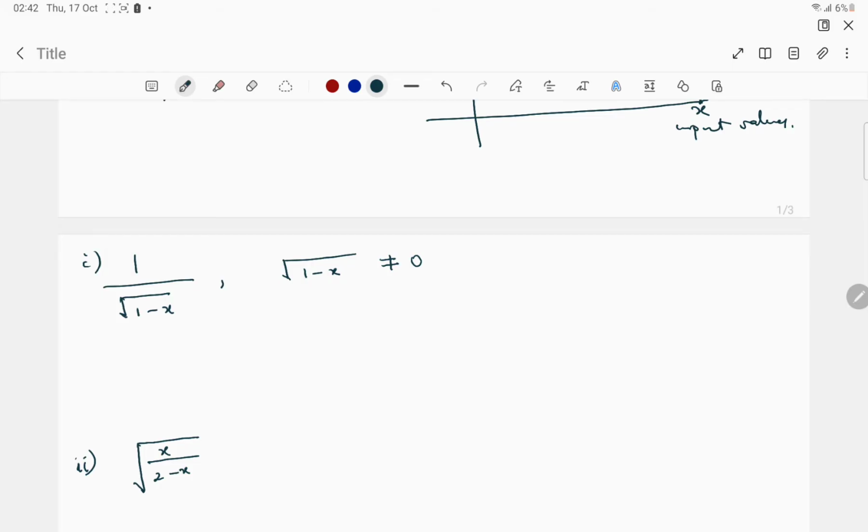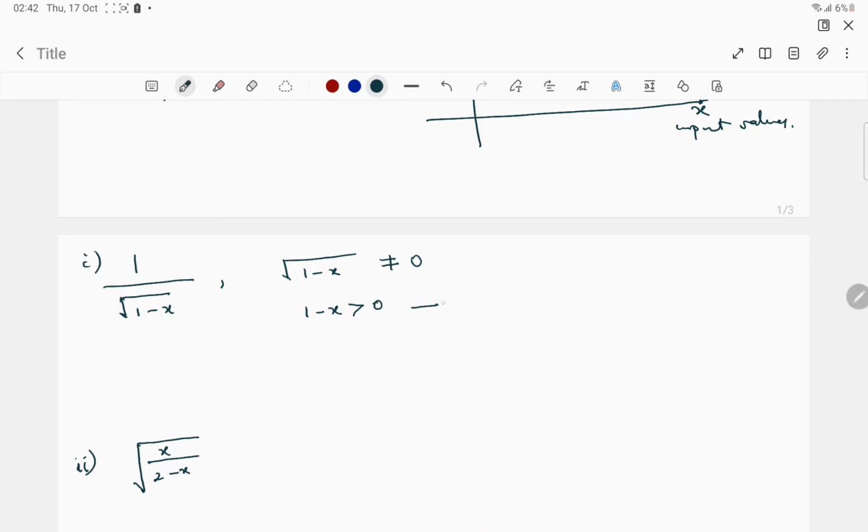And also we know that for it not to be equal to 0, we need to have 1 minus x being greater than 0, right? Since under the square root, if you put anything which is less than 0, we get a complex number. In calculus, in this topic, we are not going to be considering complex numbers.